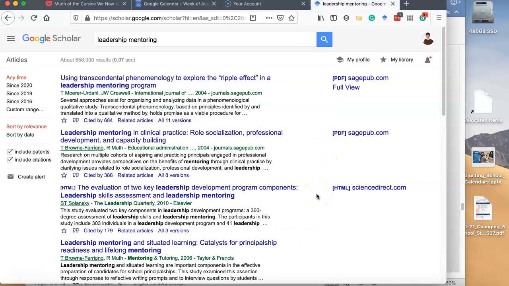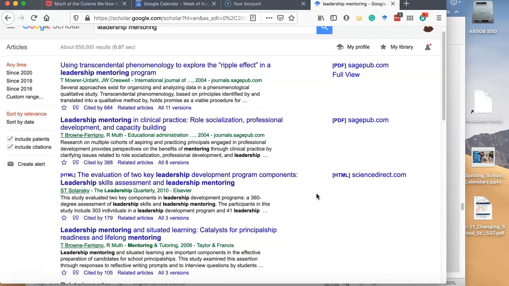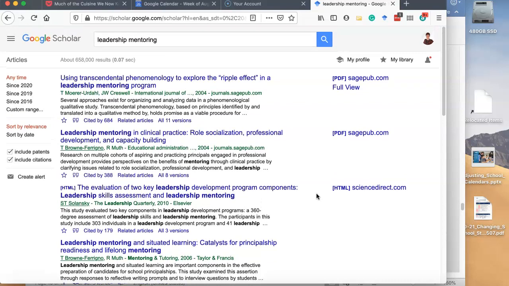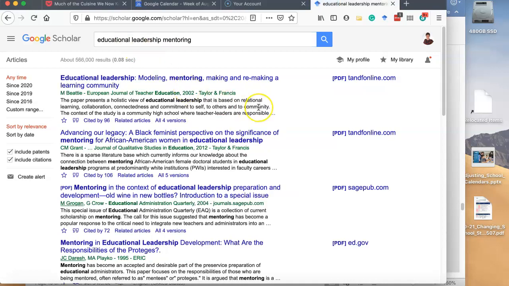Okay, so here's all these articles. And you know what I might say is, wow, some of these are too broad. So I'm going to make it more specific: educational leadership mentoring. Okay, great. So here's some articles.